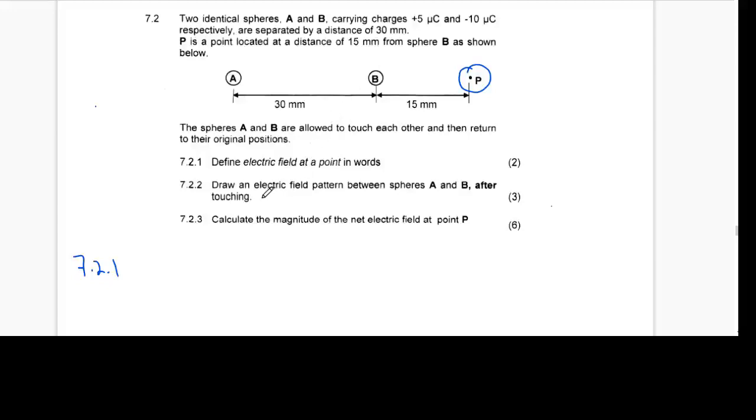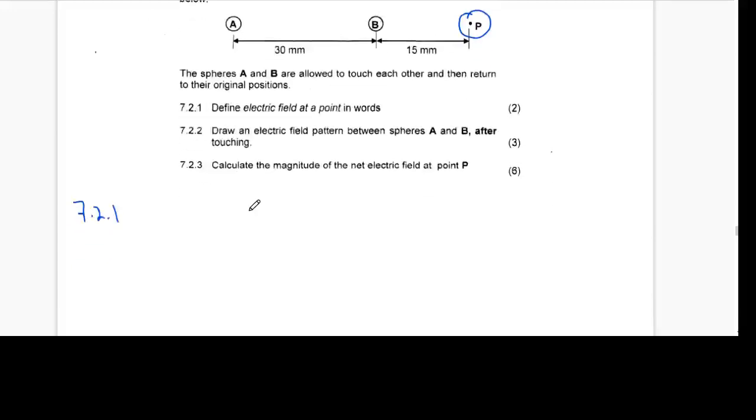Now 7.2.1, define electric field at the point P. So we will be expected to define electric field. So what is electric field?